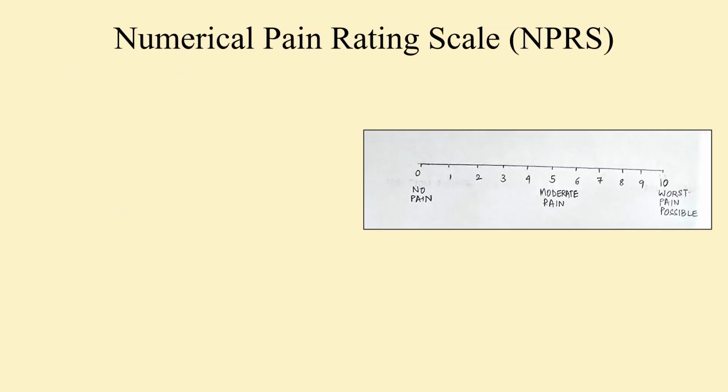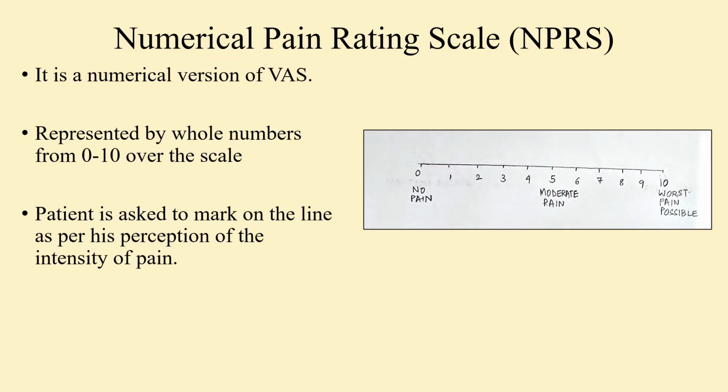If any other scale is used other than VAS for pain assessment, it is usually the numerical pain rating scale, which you can see in the image on the right. Very similar to VAS, but the difference is that in VAS you only have 0 and 10 marked, which are the two extreme interpretations. Here you also have the whole numbers marked in between.